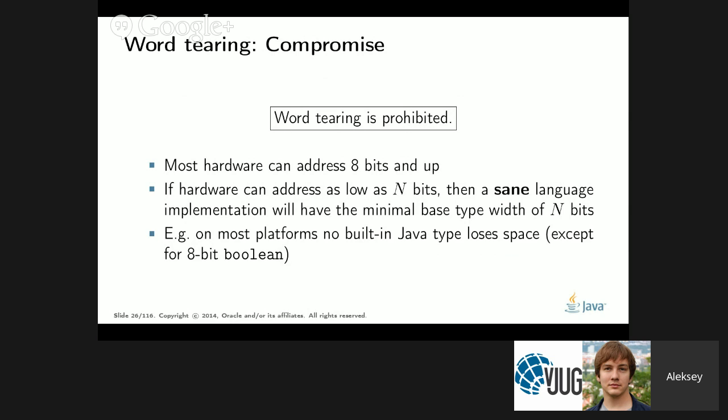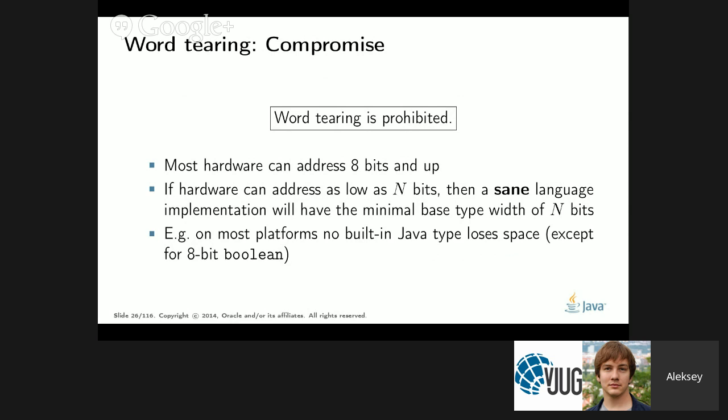He actually said that if the decision of this expert group would be allowing word tearing in the Java language, then we should disband the expert group right now. Because people who are chasing the bugs due to word tearing are not happy at all.